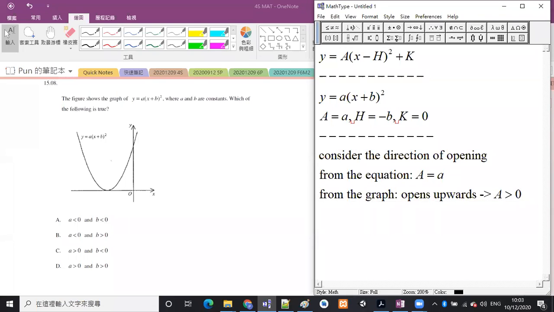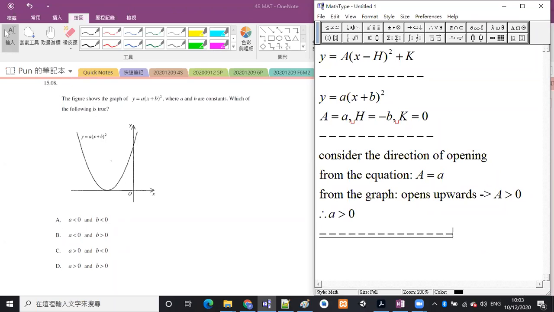Okay, so comparing the information from the graph and the information from the equation, we can conclude that the small letter a should be larger than 0. Okay, so that is option A and B must not be correct. Get it?